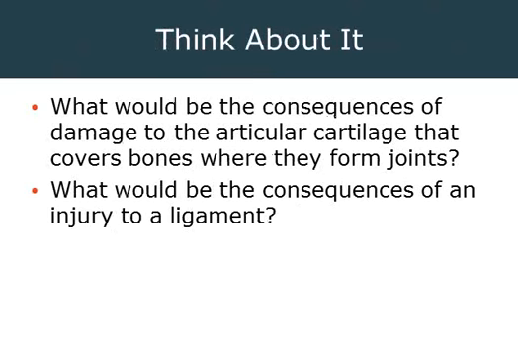So what would be the consequences of damage to the articular cartilage that covers the bones where they form joints? If we have damage to that articular cartilage, then we get bones grating one on one.